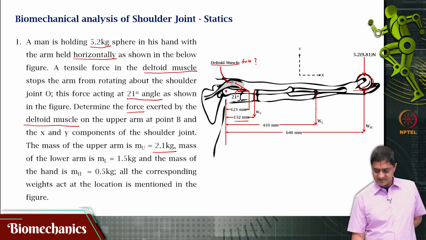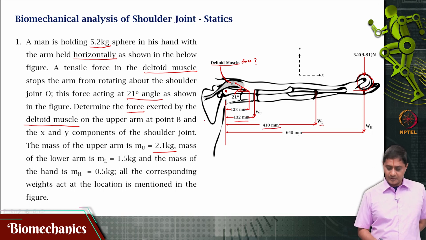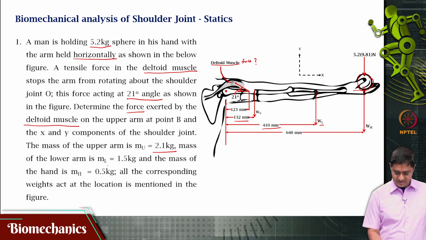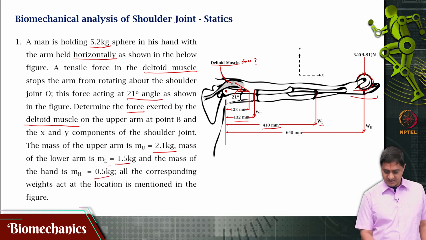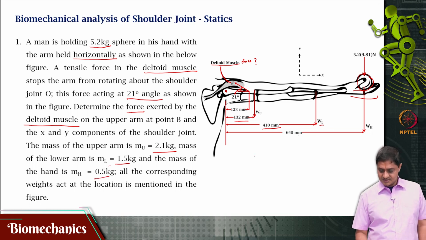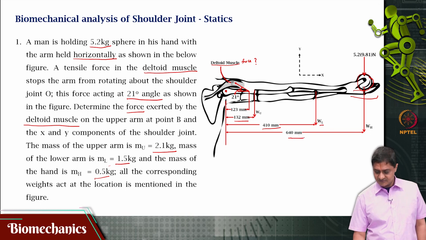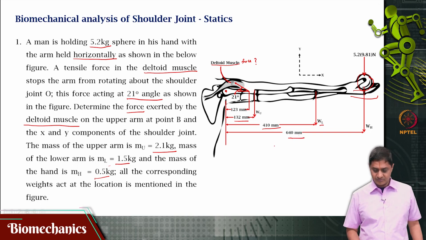The center of mass of the forearm is at 410 mm from the point O and that mass is 1.5 kg. The mass of the hand itself is 0.5 kg and its center of mass is at a distance of 640 mm from the point O.